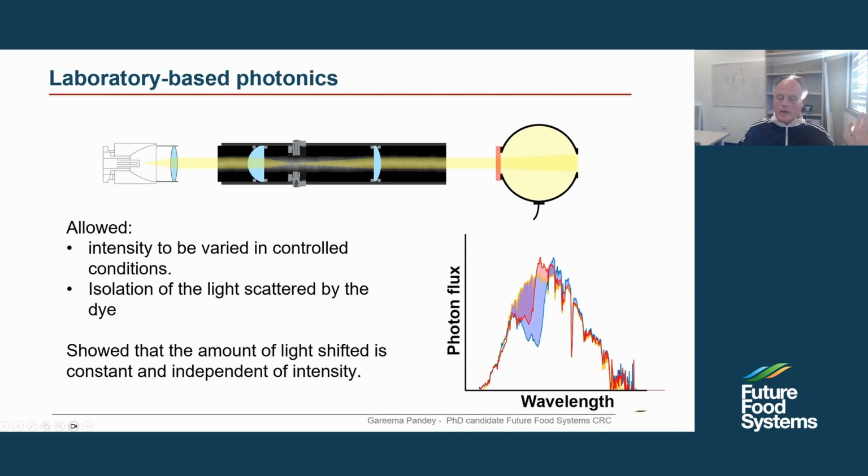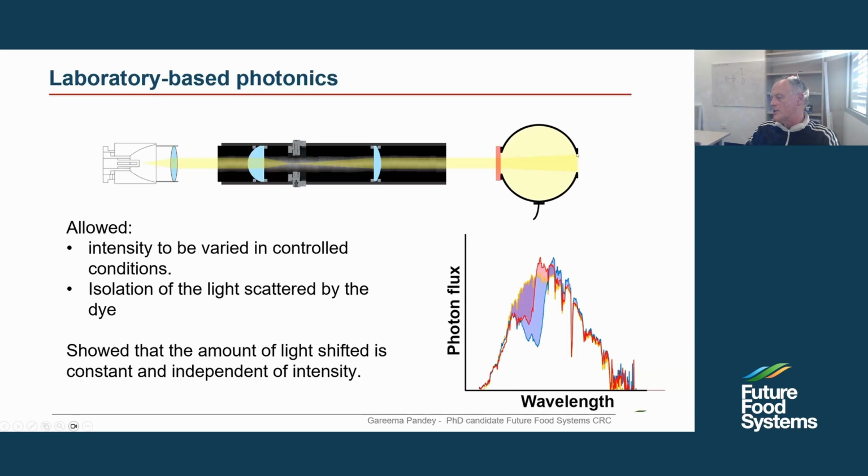Now, if you remember back a couple of slides ago, I said that when a photon of light hits a molecule, it will be scattered in all directions. So what this apparatus enables us to do is separate out the light which is hitting the dye, being emitted and scattered, which will be collected in the sphere, from the light which is going straight through.